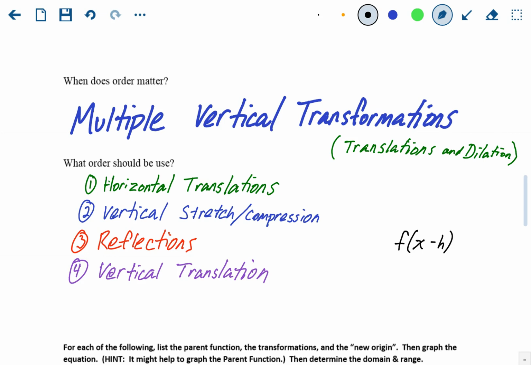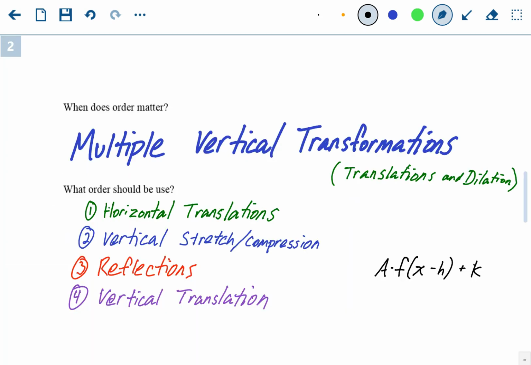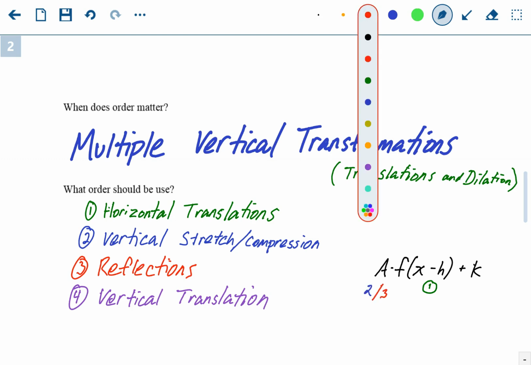We do f of x minus h, that's the horizontal translation, plus k at the end is a vertical translation, and then the a out front. The a out front deals with two things. Okay. So the order here is we do the inside first, inside the parentheses. The a value deals with the stretch and the compress as well as the reflection, and then plus k at the end is the fourth and final step. So start inside and work your way out.